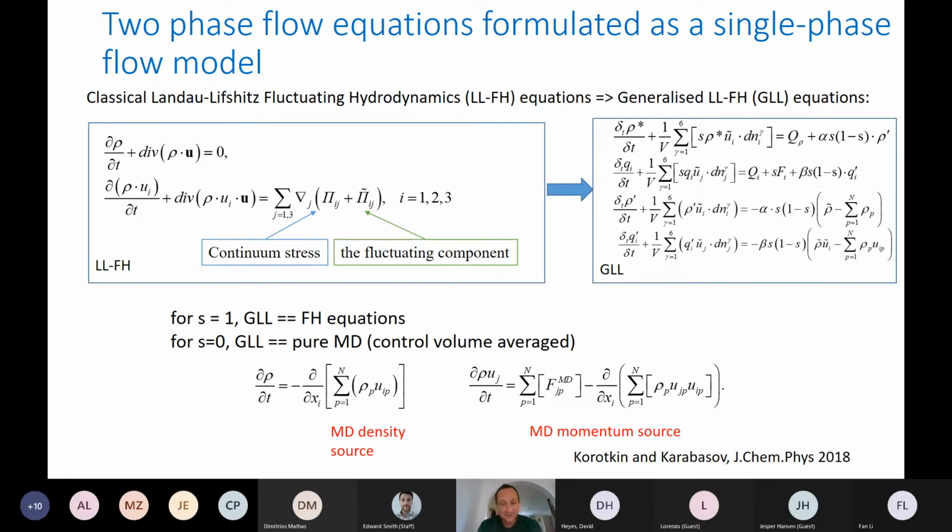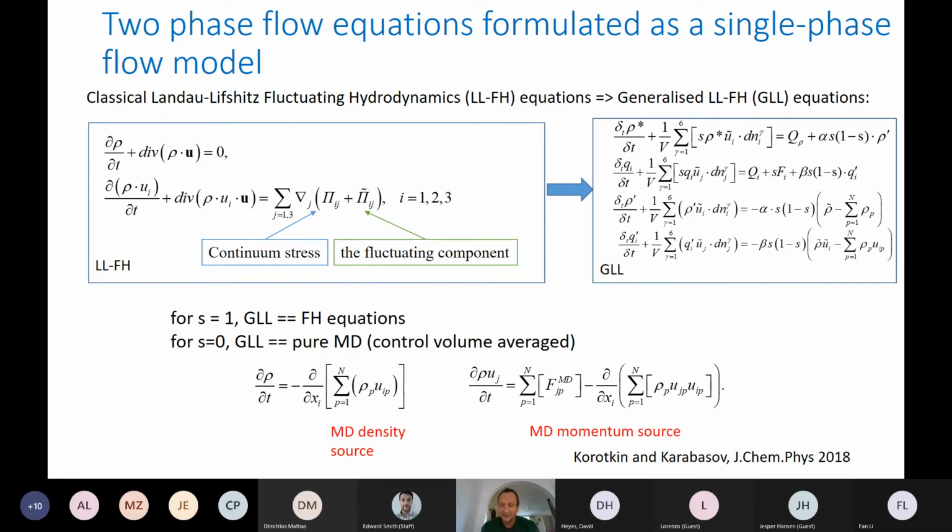Now, the important property of these equations, which we called generalized Landau-Lifshitz fluctuating hydrodynamics equations, is that in the limit when S is equal to 1, this system of generalized Landau-Lifshitz equations reduces to the standard classical fluctuating hydrodynamics, and in the limit of S equals 0, so this is pure MD region, actually we're reconstructing the exact balance which you can calculate from molecular dynamics solution.